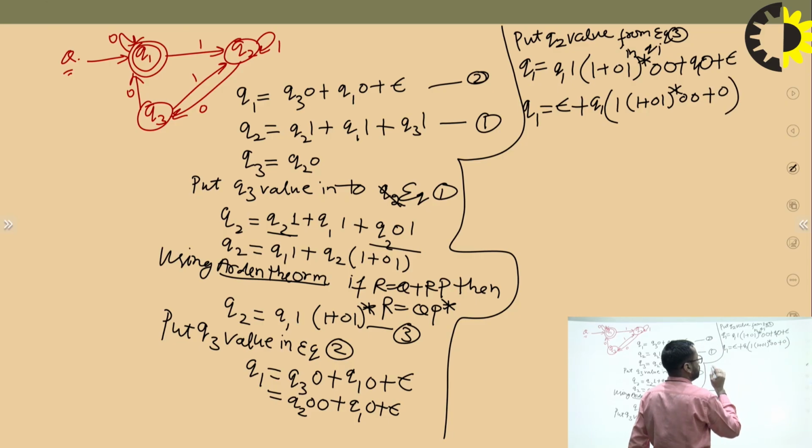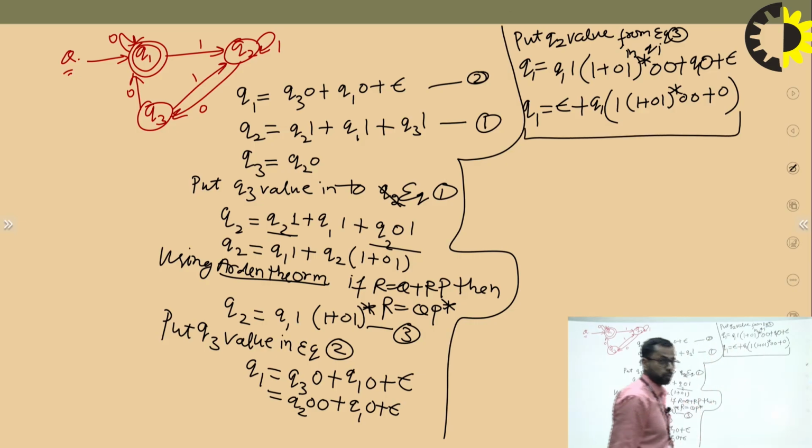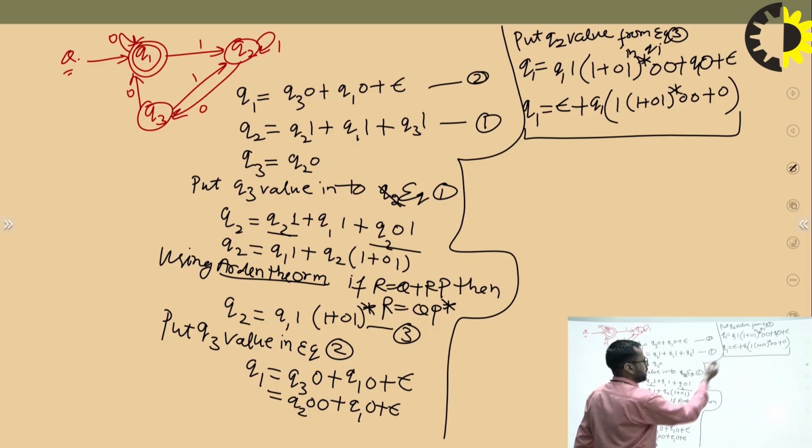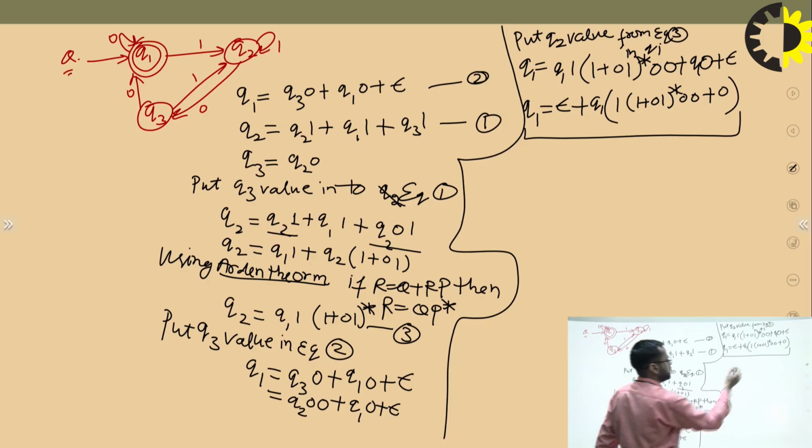Okay, so this is the basic formation of Arden's theorem. How is it possible? If R equals Q plus RP, when we compare, R is Q1, Q is epsilon, and P contains this common value.